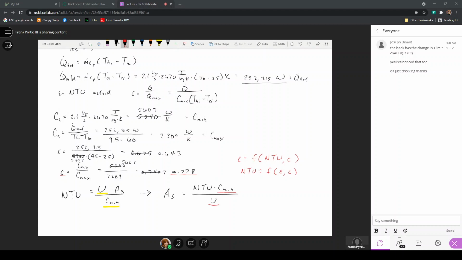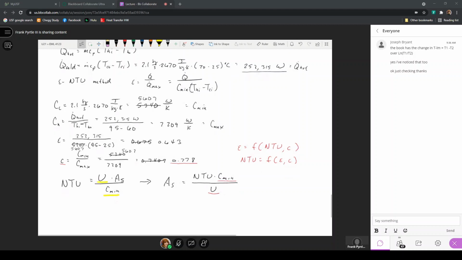Again, we have the capacity rate ratio that we calculated, and we can also calculate the effectiveness for this heat exchanger by this definition of the effectiveness as being the heat transfer rate divided by Q dot max, and Q dot max is the minimum capacity rate times the maximum temperature difference in the heat exchanger.